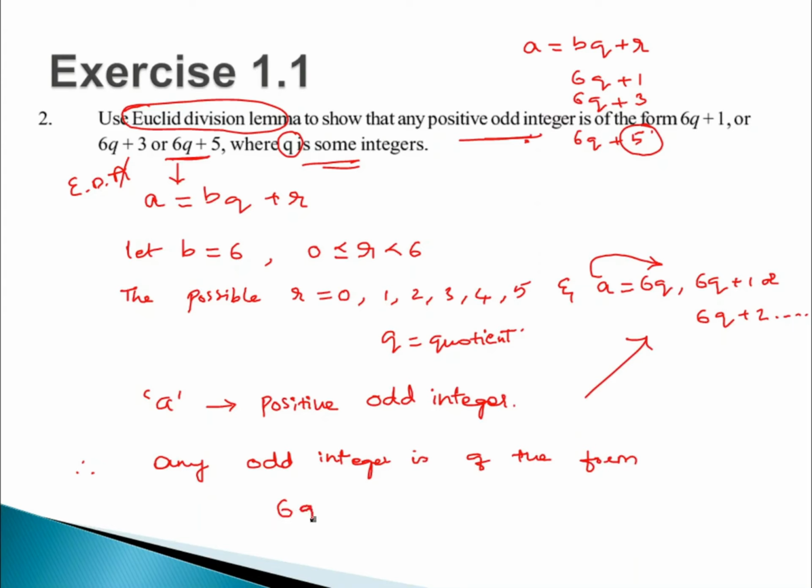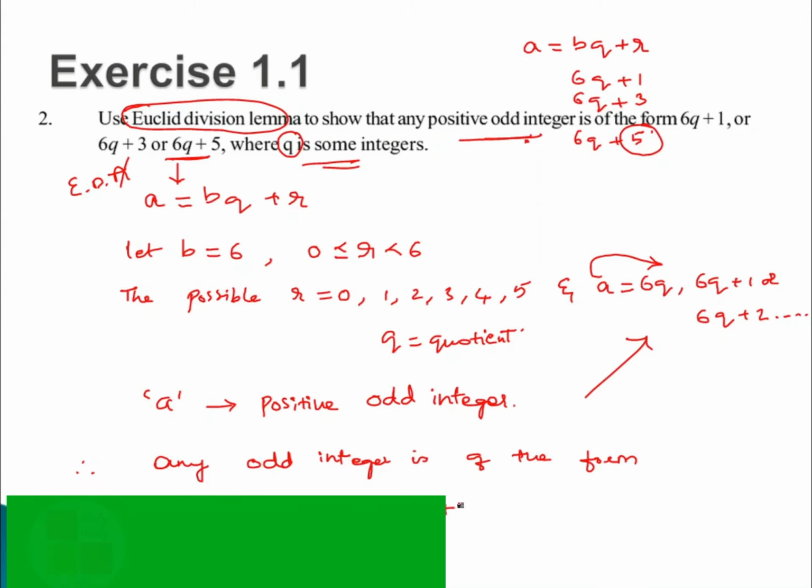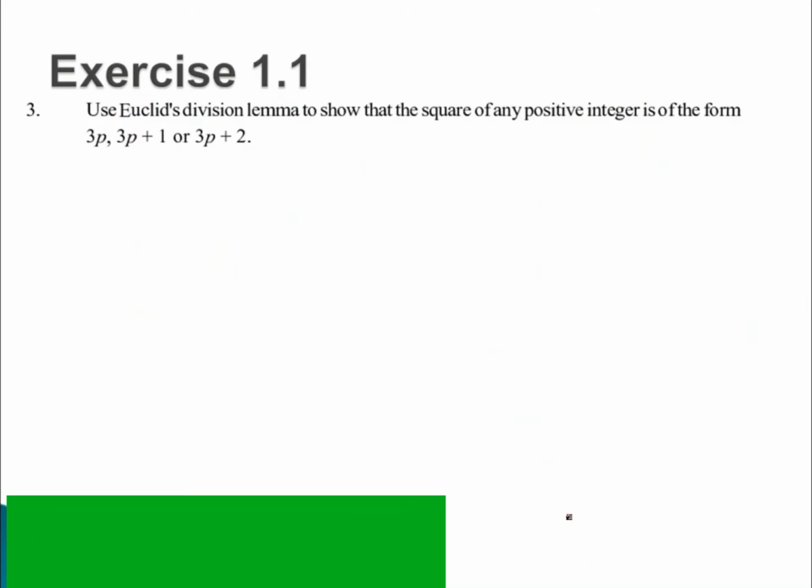You are getting 6Q plus 1, 6Q plus 3 (the next odd integer), or 6Q plus 5. Is it clear? We have 6Q, 6Q plus 1, 6Q plus 2 and so on up to 6Q plus 5, but the required odd integers are only these. So let's look at the next one.